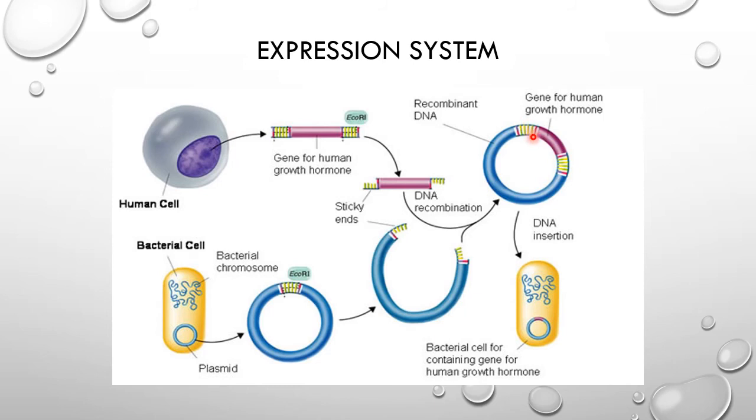And when this recombinant plasmid carrying the human growth hormone gene is inserted into the bacterium, the bacterium will provide the material for its growth, and it will multiply the growth hormone gene, and from them we can isolate it. So this is basically the expression system in which we use bacteria for expression of our genes.